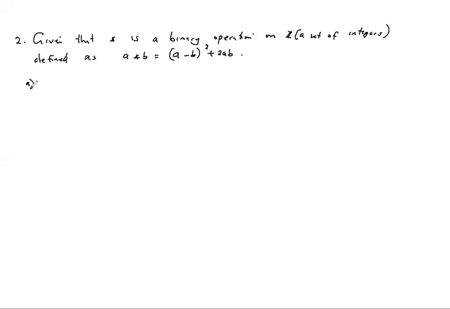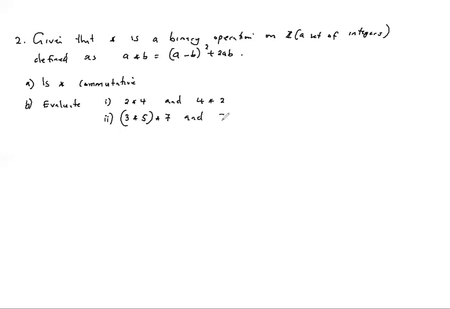A, is star commutative. B, evaluate 1, 2 star 4 and 4 star 2. 3 star 5 star 7.